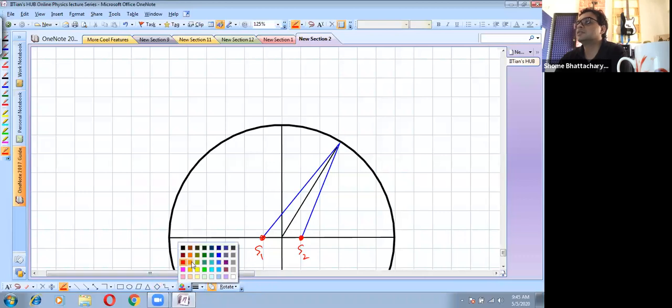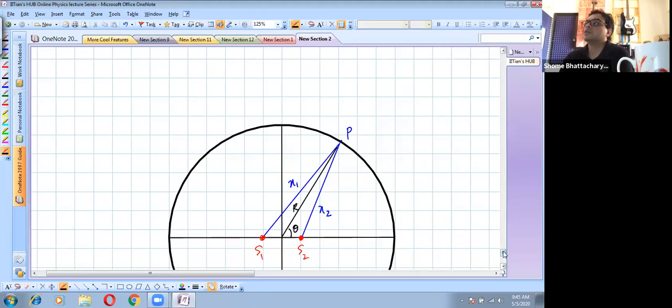Now if we consider these distances as x1 and x2 from some arbitrary point P, where for that point the angular position is theta and the radius is r, we want to calculate x1 minus x2.